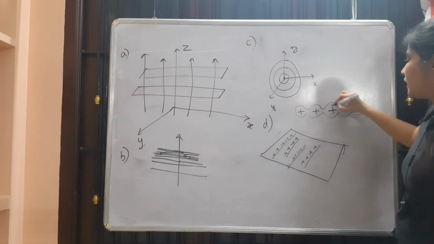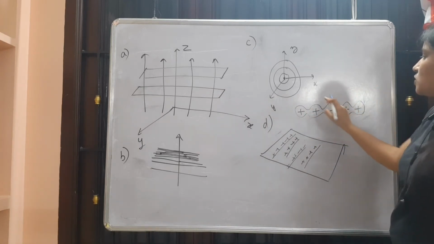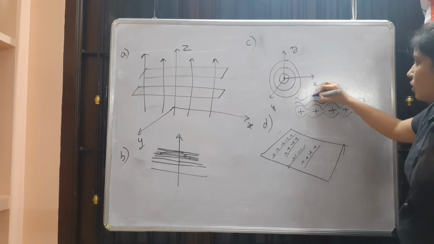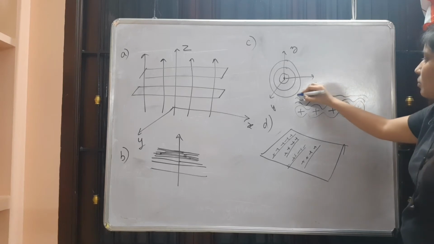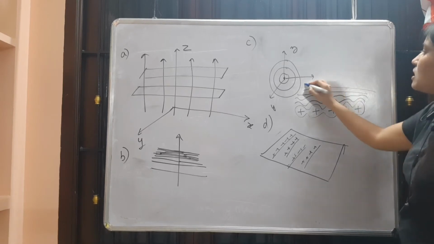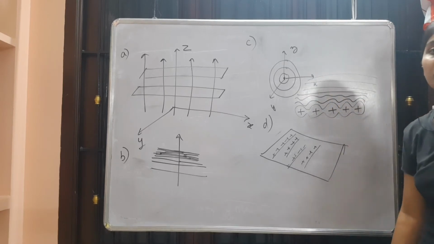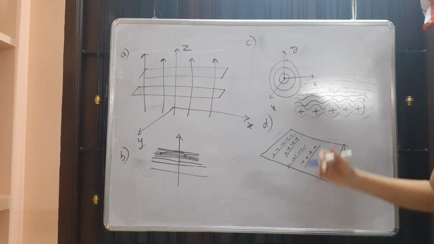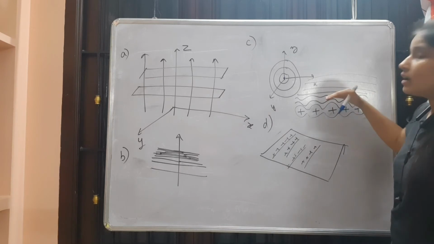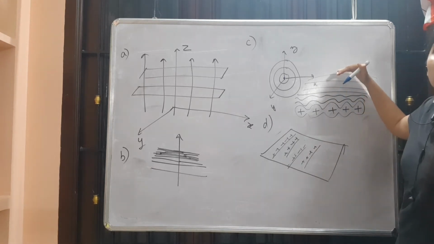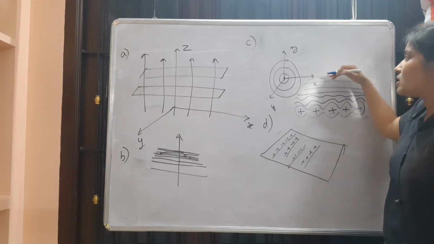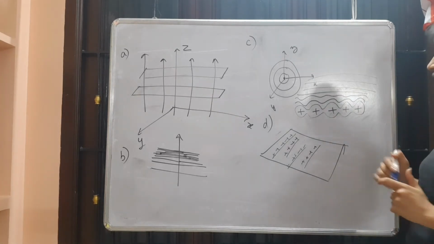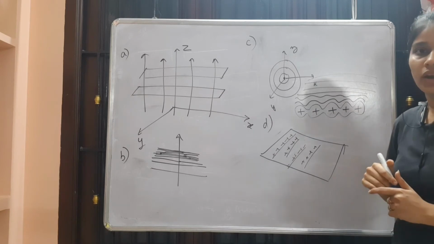Initially the equipotential surface will be irregular, but as you move away from the charge, you will get parallel lines or parallel planes which are equipotential in nature. Initially it is irregular, and as you move it will become parallel to each other. You will be getting parallel planes of equipotential surface parallel to the grid. So this is the grid.